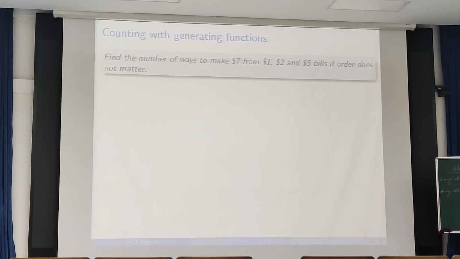But for $2, you have one way. For the odd numbers, you cannot make them with only $2 notes. So the coefficients here correspond to the number of ways to make the corresponding sum with those notes. So you have alternatively 1 and 0.